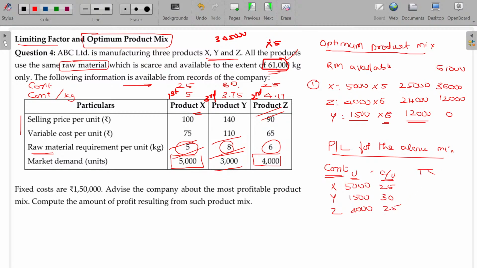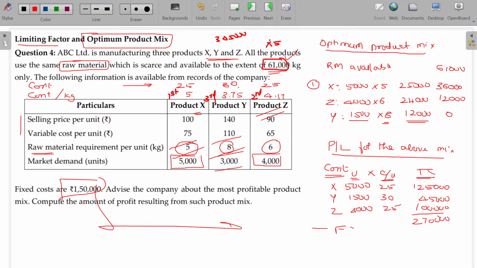Total contribution 1,25,000, 45,000, 1 lakh. What is the total contribution then? 2,70,000 rupees. Fixed cost for the company being 1,50,000 rupees. 1,20,000 will be your profit for this.